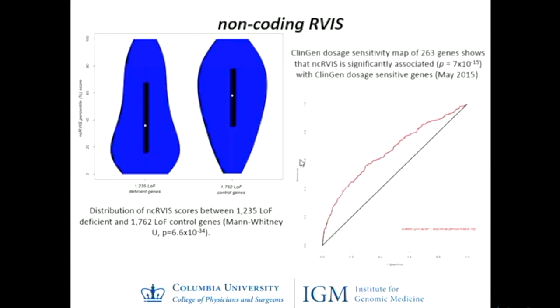We also looked at human haploinsufficient genes based on ClinGen's gene dosage sensitivity map. It's a highly curated list of genes. And again, we see that the non-coding intolerance, so the patterns of standing variation in non-coding sequence of genes, is highly predictive of genes that cause disease by haploinsufficiency in humans. And that's at about 10 to the negative 15 with an AUC of about 0.66 there.